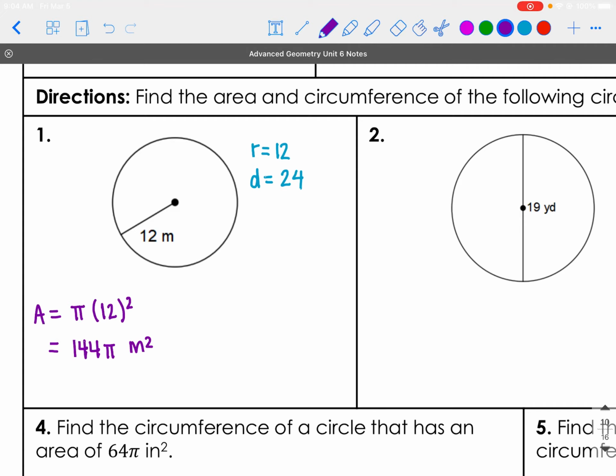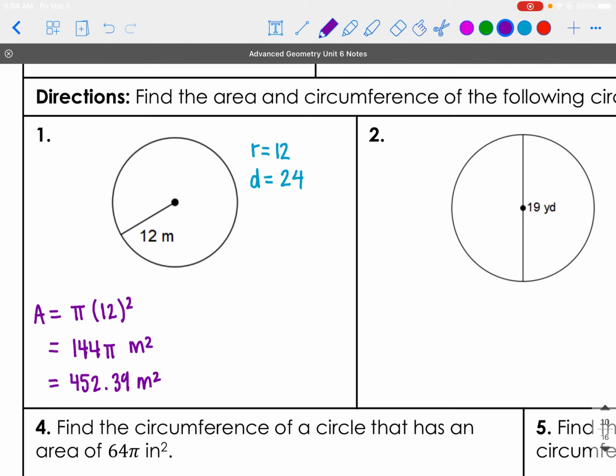And if that's the case, 144 pi is 452.39. Whenever you use pi, always use the actual pi button. Don't round to 3.14 unless it tells you to.